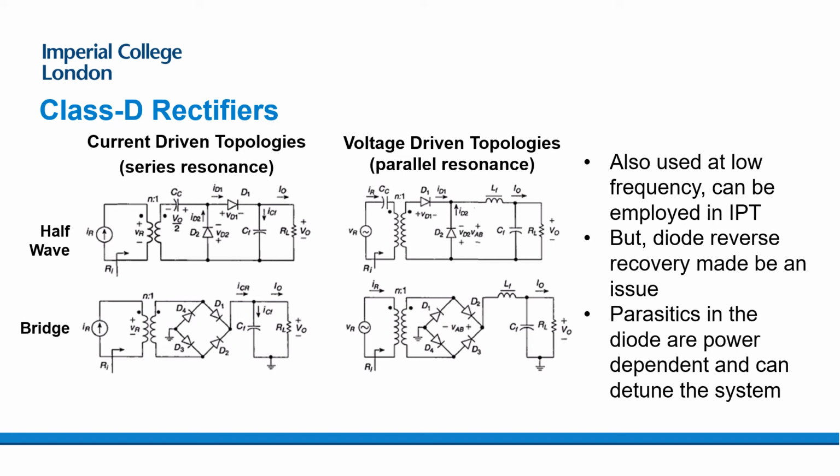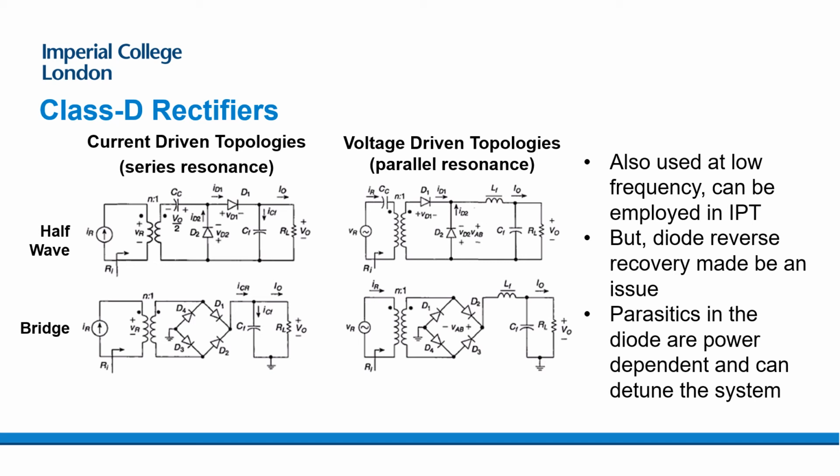If you think that the series resonance has current flowing in an inductor, that inductor is then acting as a current source to be able to pass energy into the rectifier, and therefore I need a current driven rectifier in order to attach to that system.